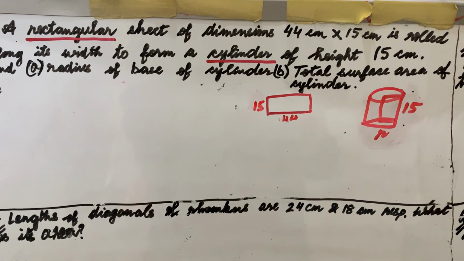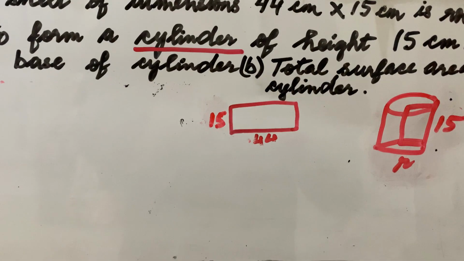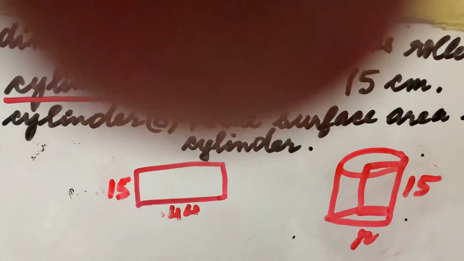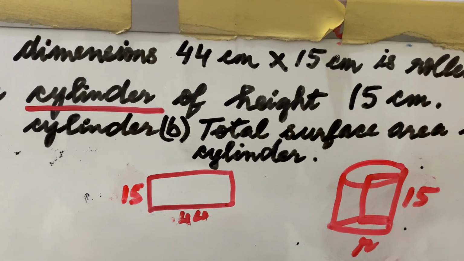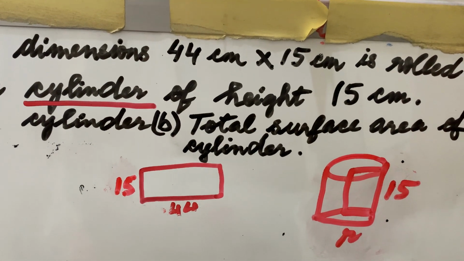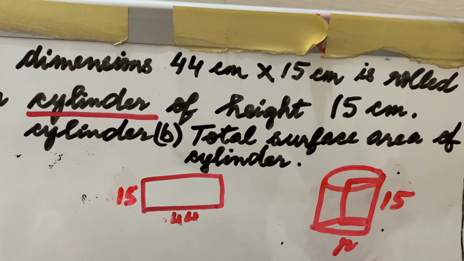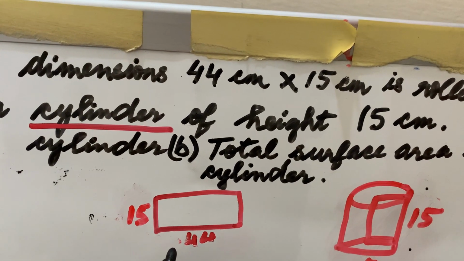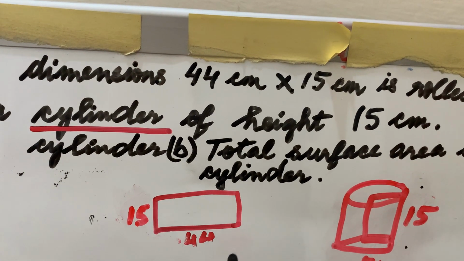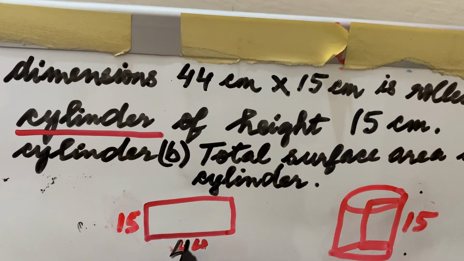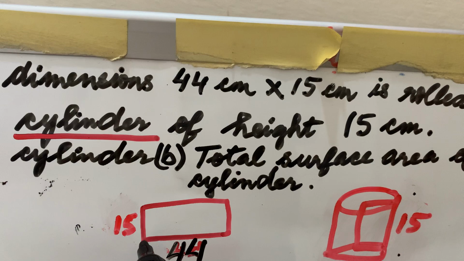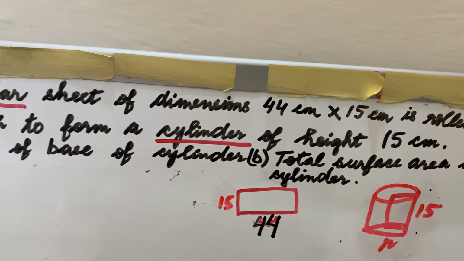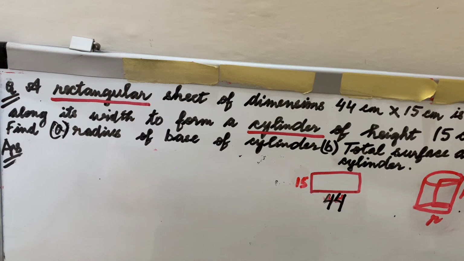Now, since the dimensions of the rectangular sheet are being given, which is 44 centimeter into 15 centimeter, we know that the length of the rectangle is 44 and the width is 15. What is the second part of the question?